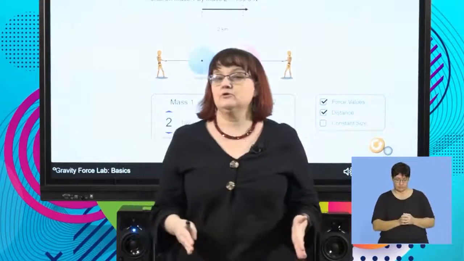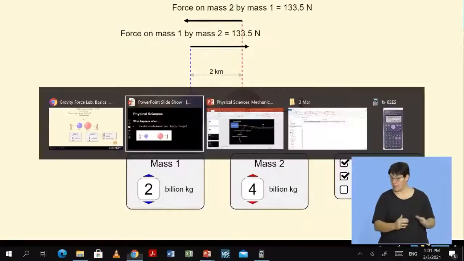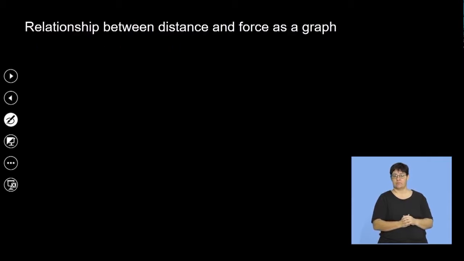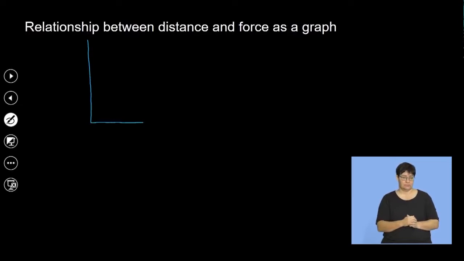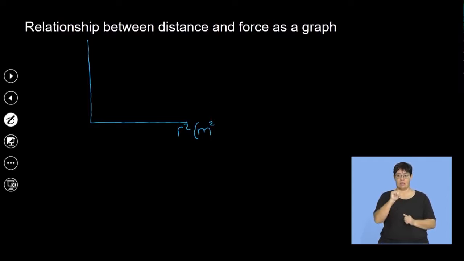How do we put that onto a graph? If we look at it as a graph, what we would normally do is this is r squared, which would be meters squared now. This is force in newtons. When we plot this graph, we get a curve.